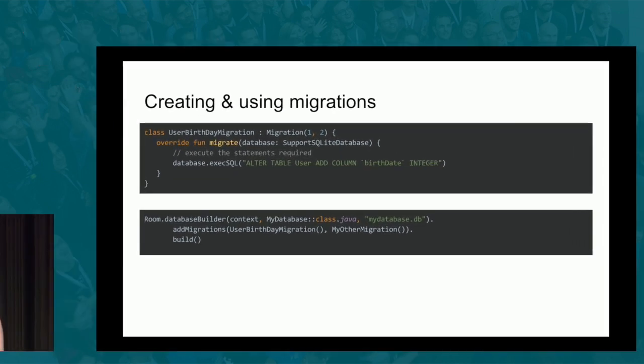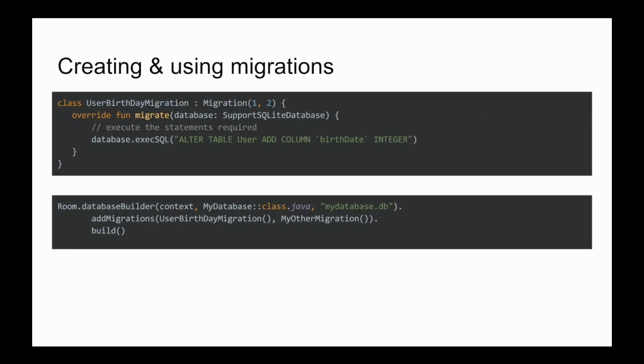So writing a migration is pretty simple. You just have this migration object from version to version, and then you're basically on your own. You need to write all the SQL yourself. So you need to make sure that the tables are in the correct state after the migration. And not only the tables, also indices and all other stuff that Room might generate for you.